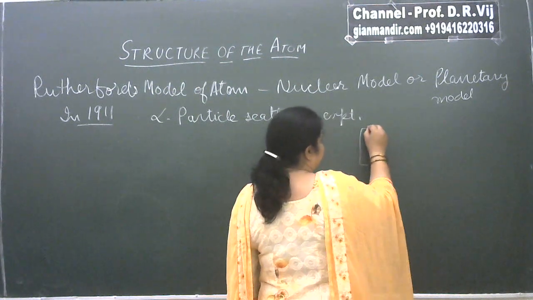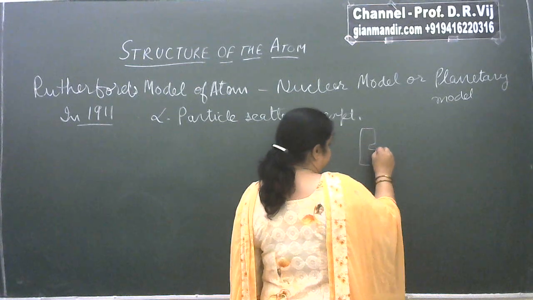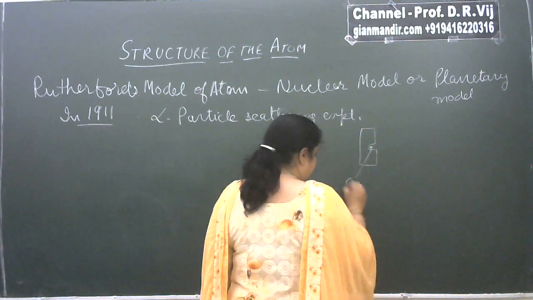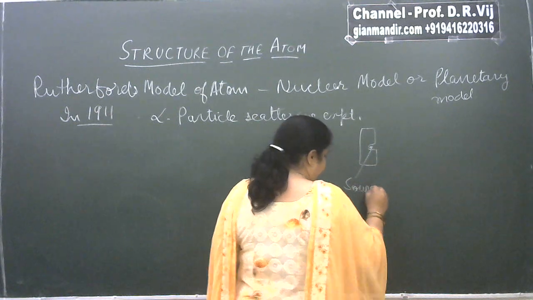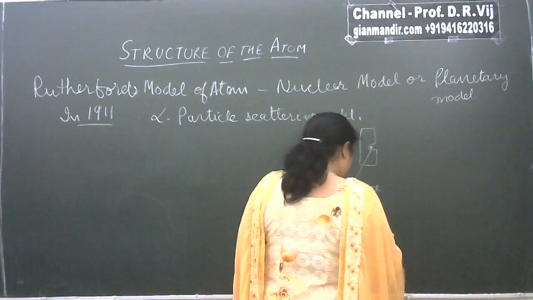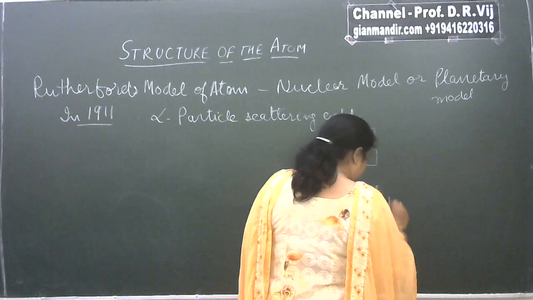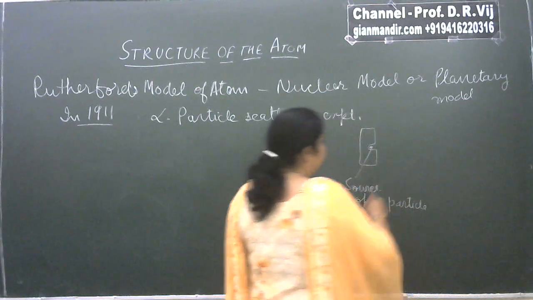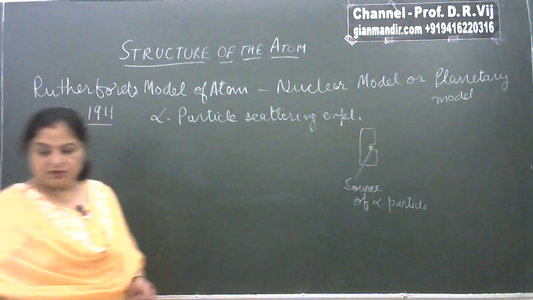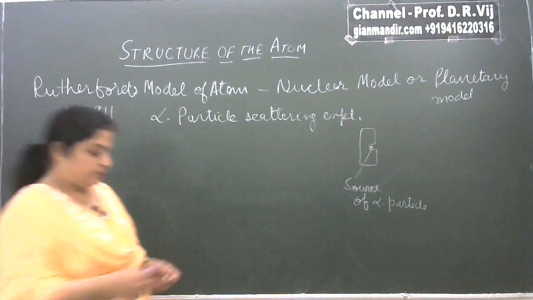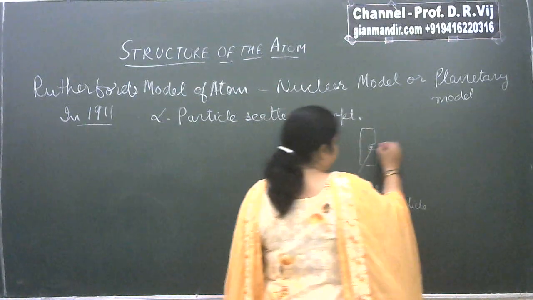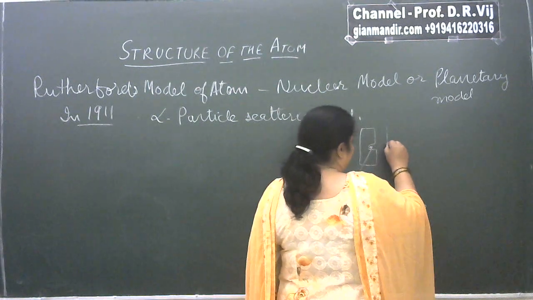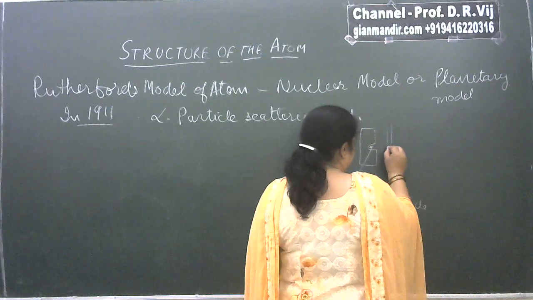Rutherford took a source of alpha particles, some radioactive material which emits alpha particles, and passed the rays through a narrow hole.